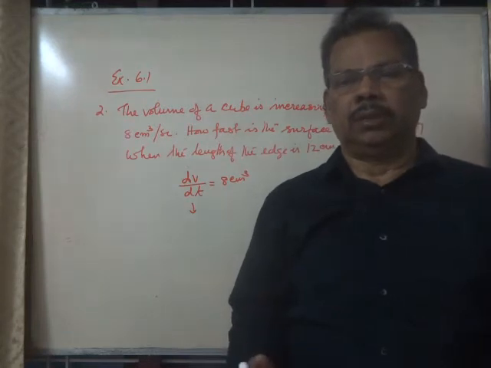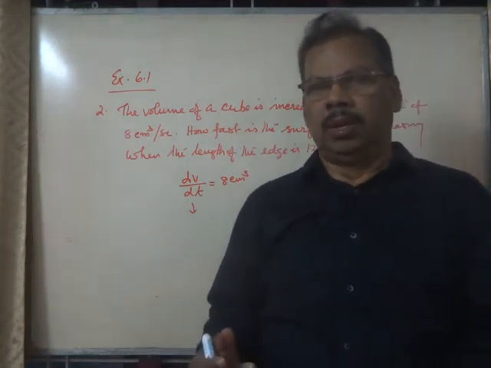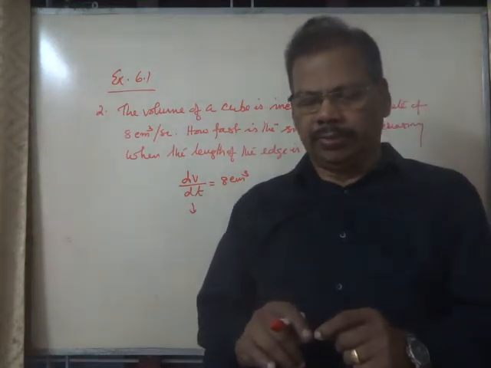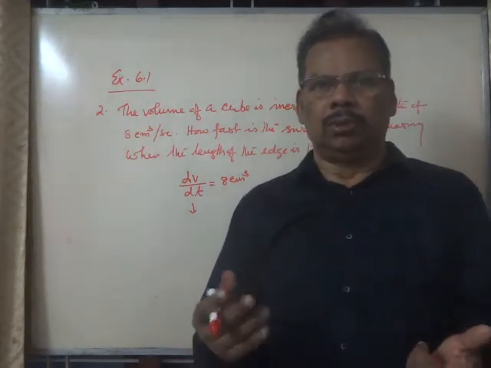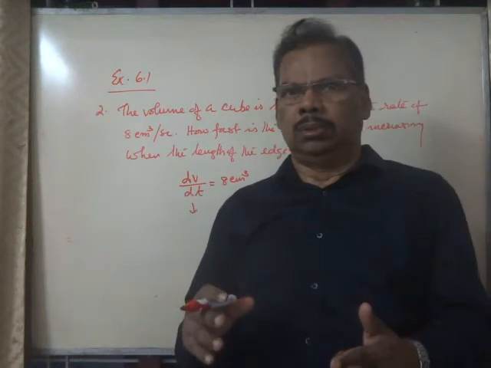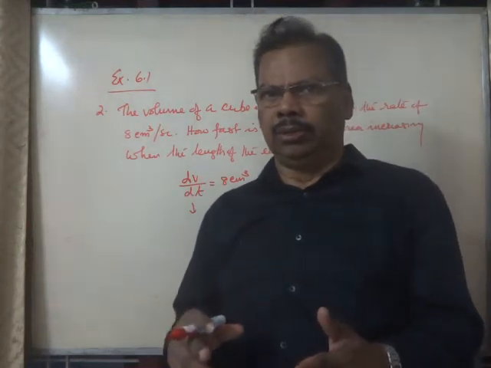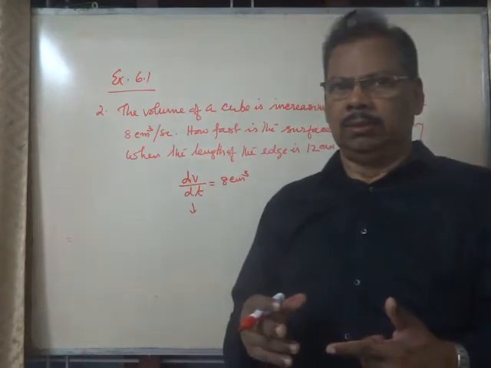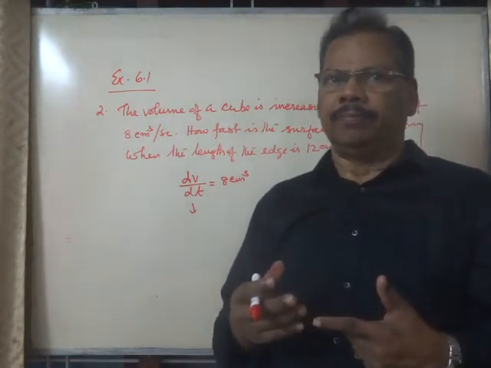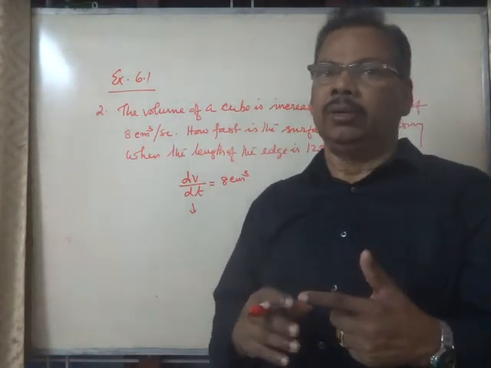If side is x, the volume will be x cube. And when the length of the side is increased, the volume will increase. So the rate of change of length will result in the change in volume.